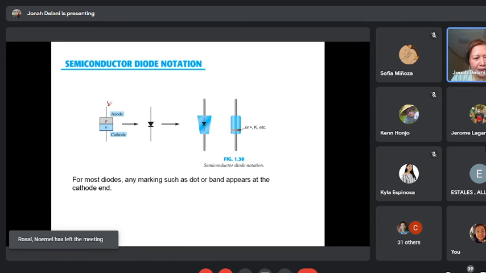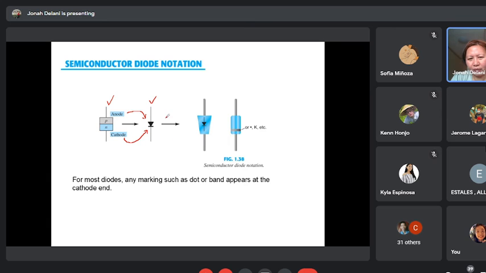This is the diode we drew earlier. This is the schematic symbol of a diode. We know that this part is the P-type material, like an A. That's the anode. The N-type material is the cathode. It looks like a K at the end.